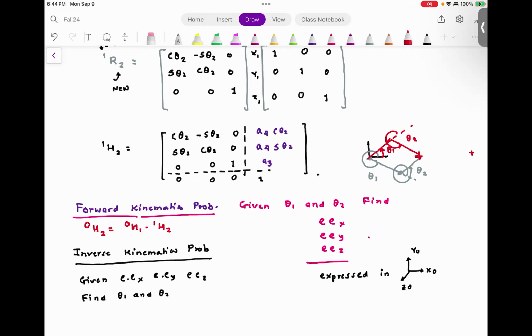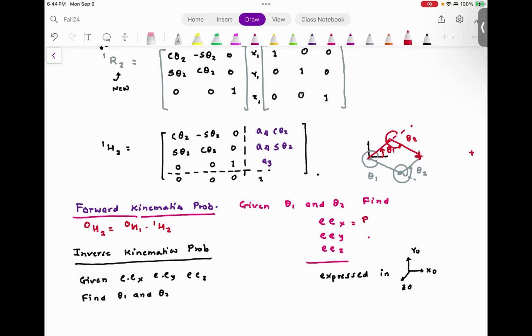So when we solve forward kinematics problem, we are going to set up the problem and just find the homogeneous transformations. And then we will use MATLAB to solve the forward kinematics. So what would forward kinematics give me?